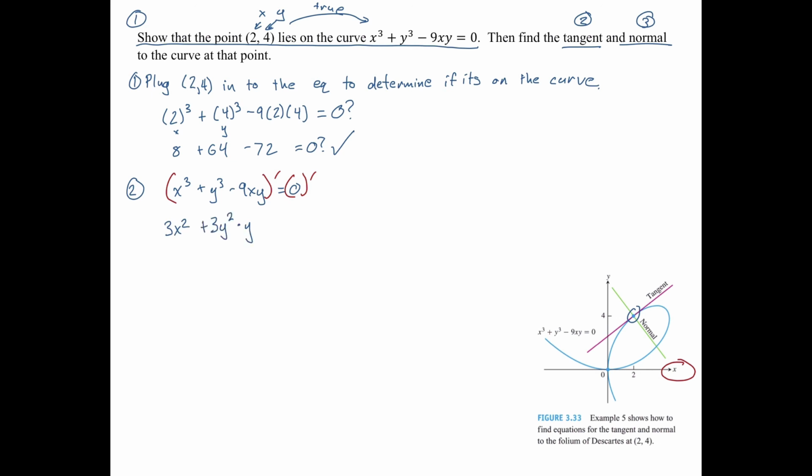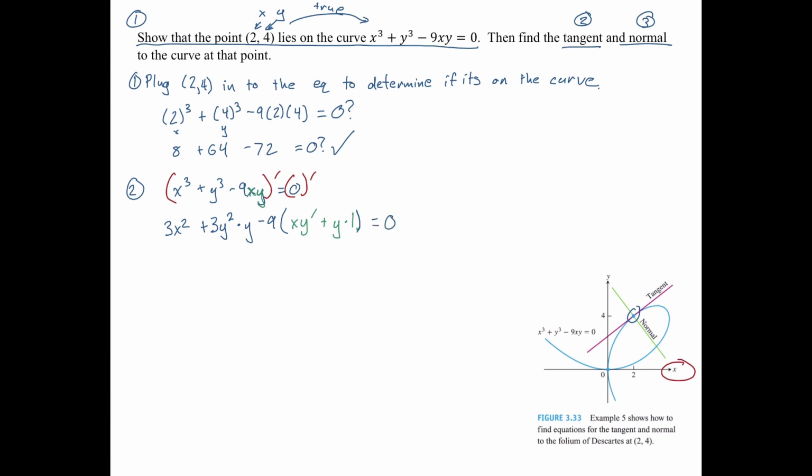Then here we have to use the product rule. So we have minus 9, and I'm going to do the product rule for this x times y, same as before. First times the derivative of the second, plus the second times the derivative of the first. So that gives us the derivative of x times y, and that will be equal to 0.